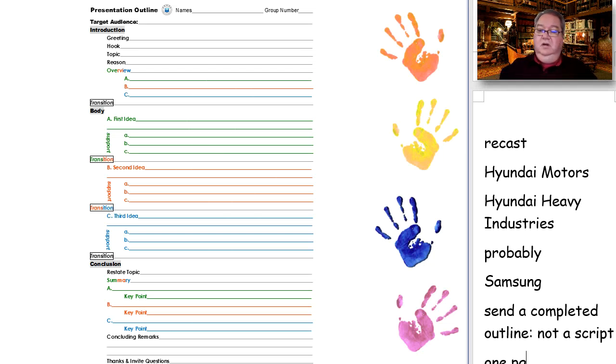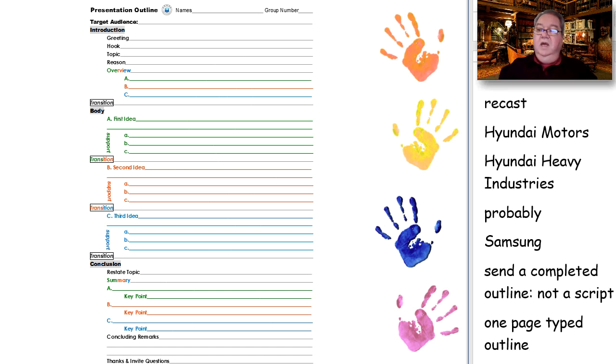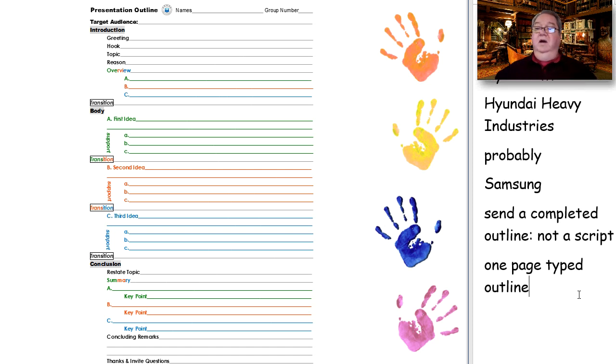I can't type today, I keep hitting the wrong button. And I need this on the day that your presentations are due. So the same day that you upload, you should also send me your typed outline.